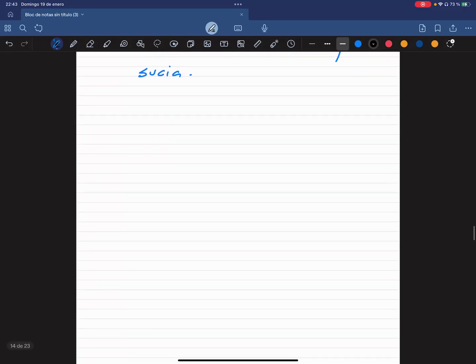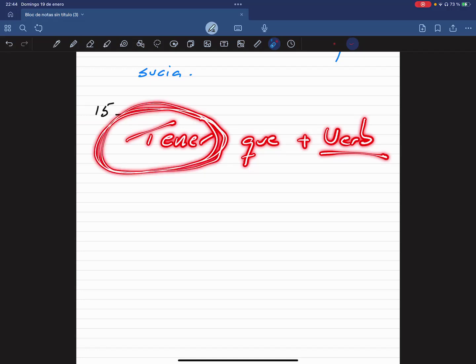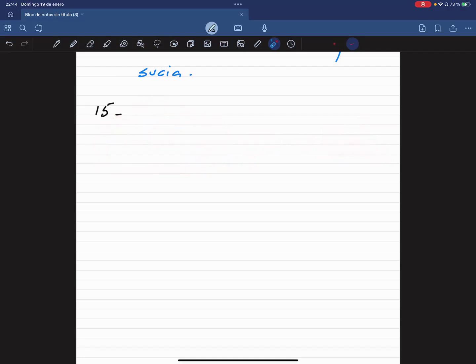One more. 15. Let's practice to say have to do something. Remember, obligation, duty. We say that with the verb tener, que, plus another verb that will go in the infinitive. You don't need to conjugate it. The only one you need to conjugate is this one that will need to be conjugated in the different forms, depending on who is speaking.